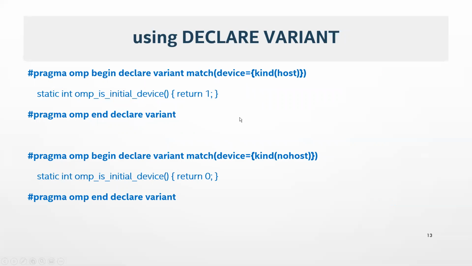All OpenMP compatible compilers will be able to handle this construct, so it's already standard now, and you don't need to define macros to standardize that. When you're compiling for the host, this code is selected and this code is skipped. You completely ignore it. When you're compiling for the device, you just consider the code which has the kind no host, and you skip the code which has the host.